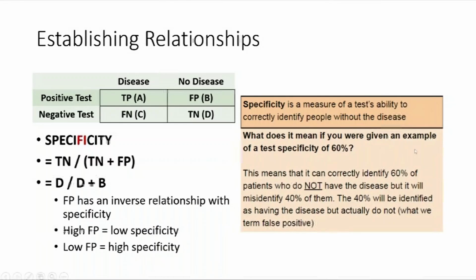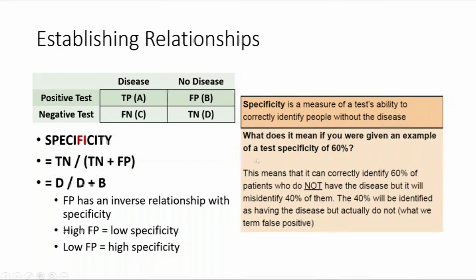Now, what does it mean when the specificity of our test is 60%? This means that the test will correctly identify 60% of patients who do not have the disease, but will misidentify 40% of them. The 40% will be identified as having the disease, but actually do not. This is what we call the false positive.